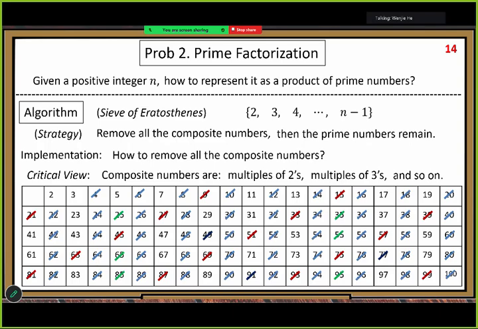After 4 rounds of elimination, all the remaining numbers are the primes. That's the sieve of Eratosthenes, an ancient Greek algorithm.